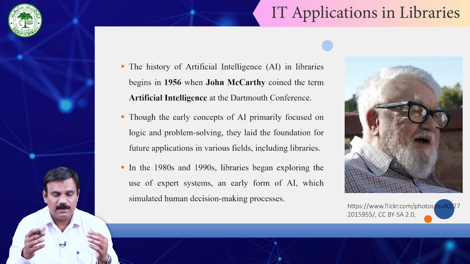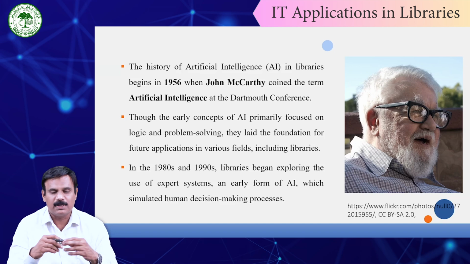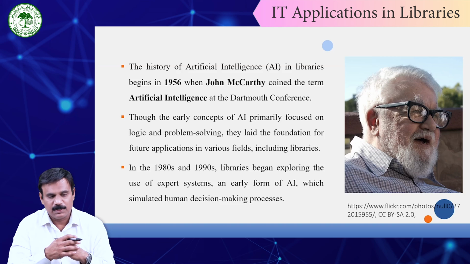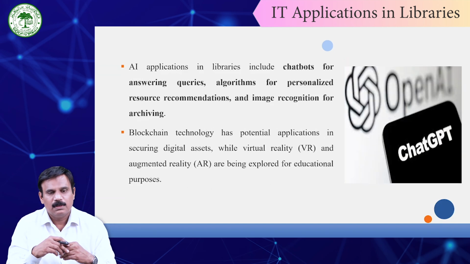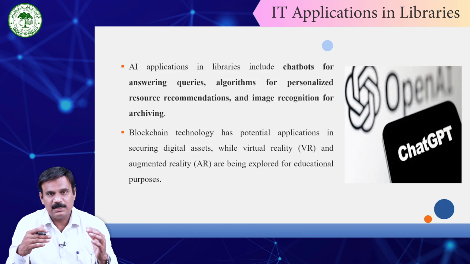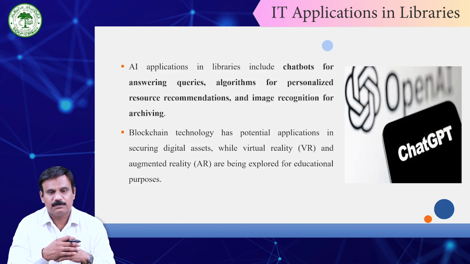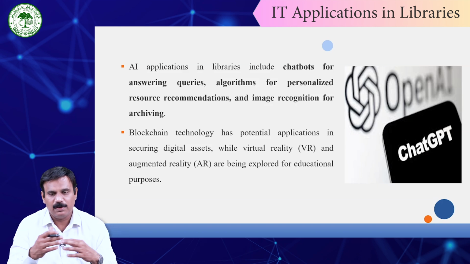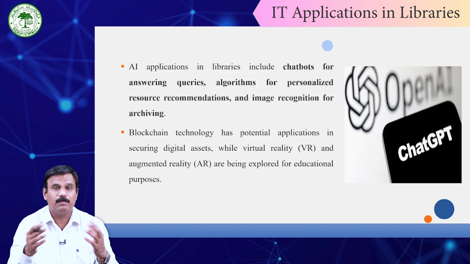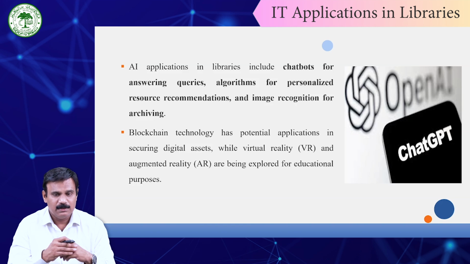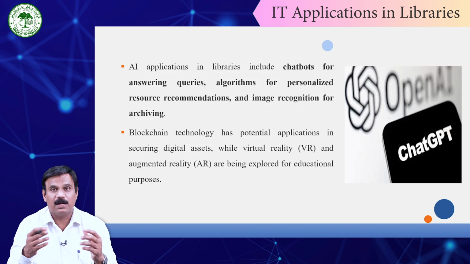In the 1980s and 1990s, libraries began exploring the use of expert systems, an early form of artificial intelligence, which simulated human decision-making processes. The artificial intelligence applications in libraries include chatbots for answering queries, algorithms for personalized resource recommendations, developing recommender systems, and image recognition for archiving.